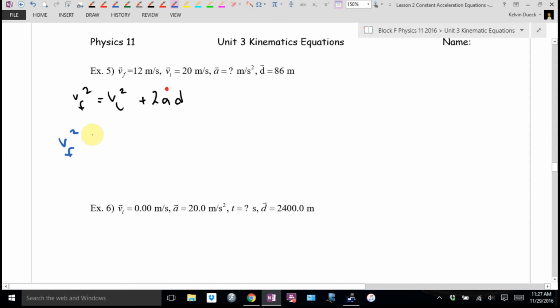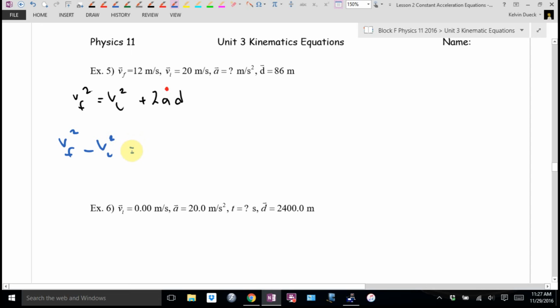What next? No. We're never going to touch the A. It's going to stay there. We're moving everything else. VI squared. How am I going to move it over? Then, don't write this next bit down.